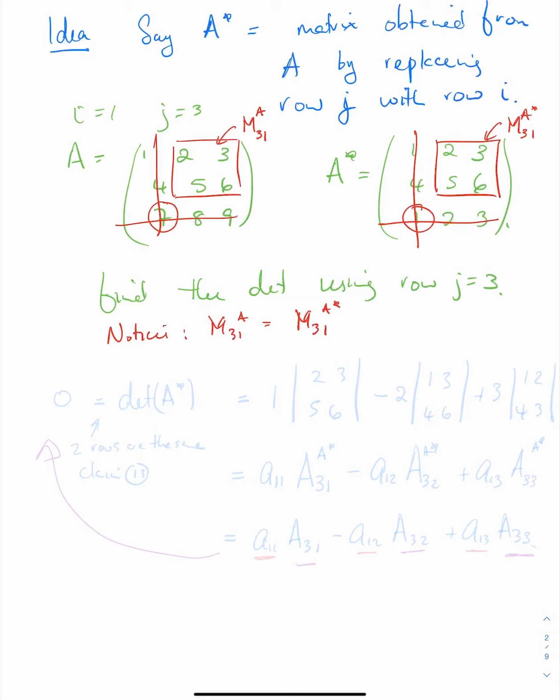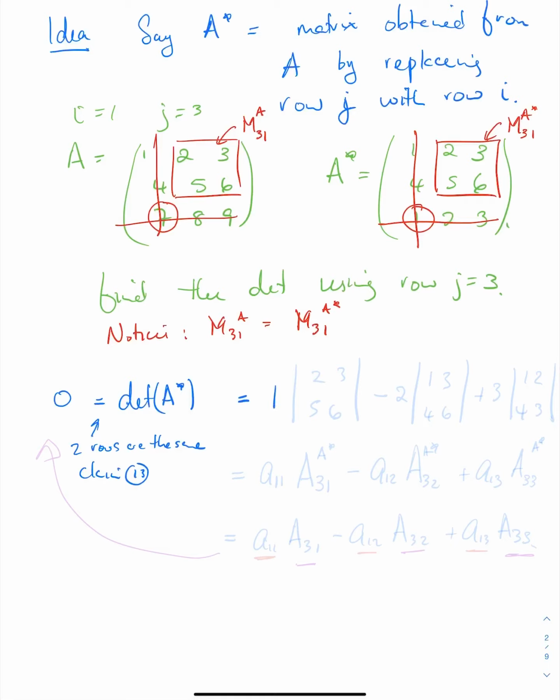So let's talk about this determinant. The determinant of A star is going to be 0. That's because 2 rows are the same, by claim 13. But we can also come up with an expression for it.